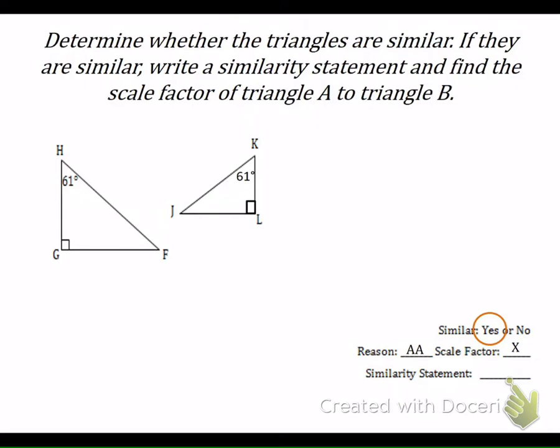All right, but the similarity statement is doable as long as you go in the same order. So like the angles labeled with the 61 would have to go in the same position. The right angles would have to go in the same position, and the F and the J would have to go in the same position. The way I did it was triangle HGF. So I would have to start with K and then LJ.